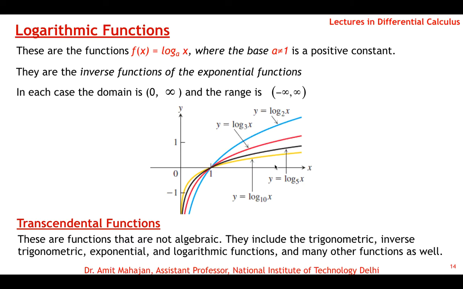For the natural logarithmic function, if we set y equals log base e of x, and in particular set x equal to e, then the natural logarithm of e is equal to 1. That is one of the important properties.